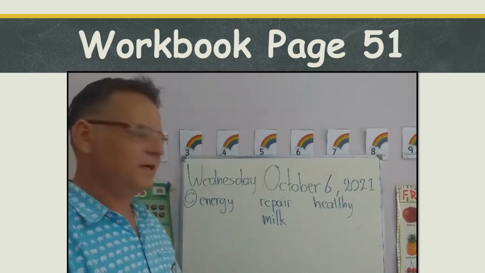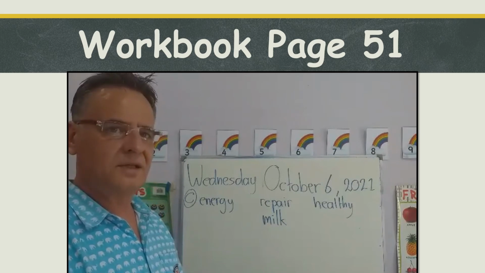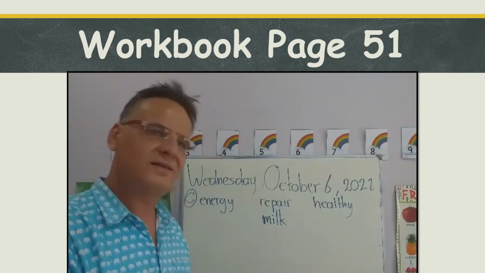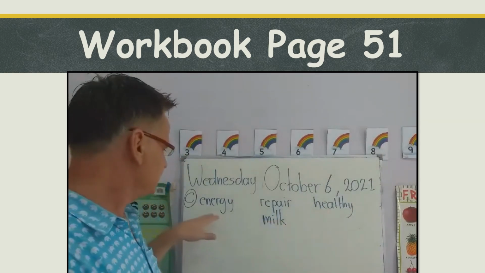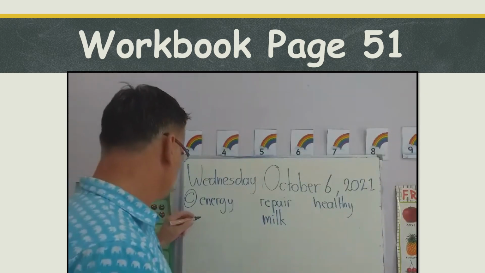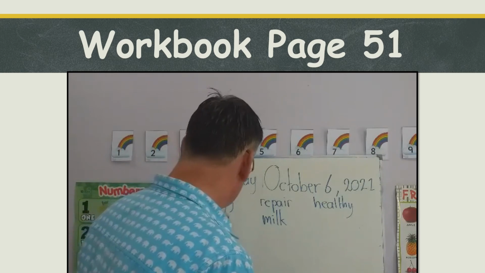Then look at the next one, bread. In the vocabulary I told you already, in bread there's a lot of carbohydrates. And carbohydrates give us health or energy? Right, energy. So we write bread under energy.